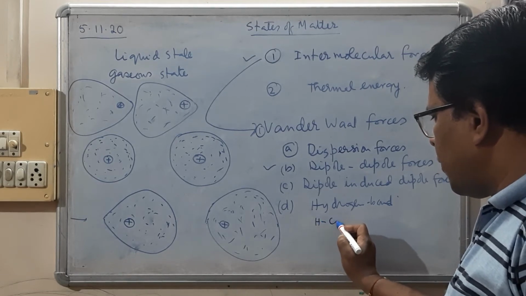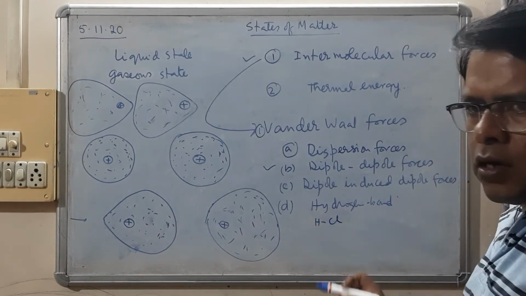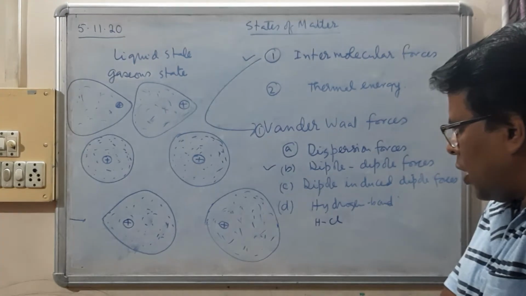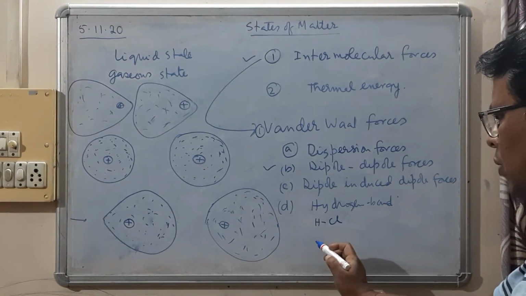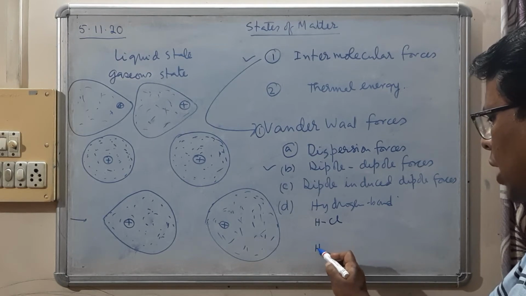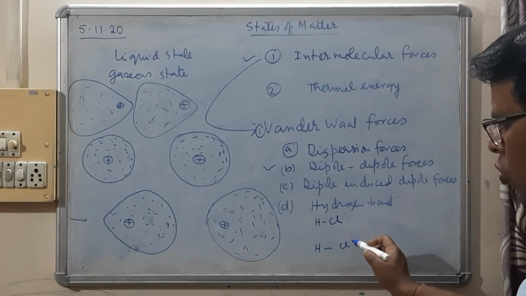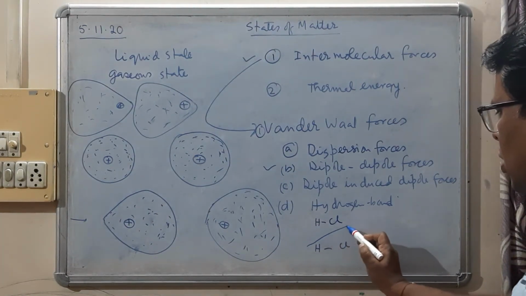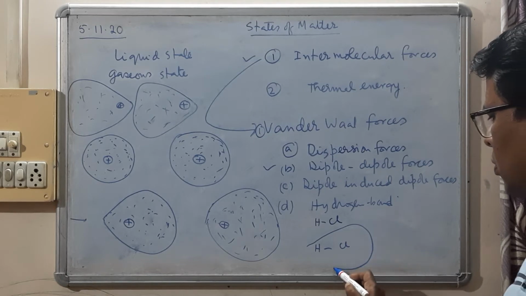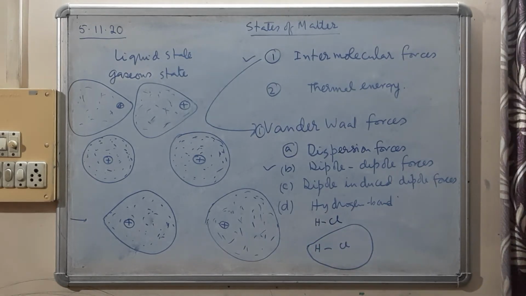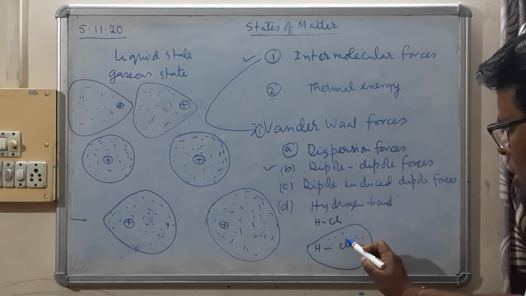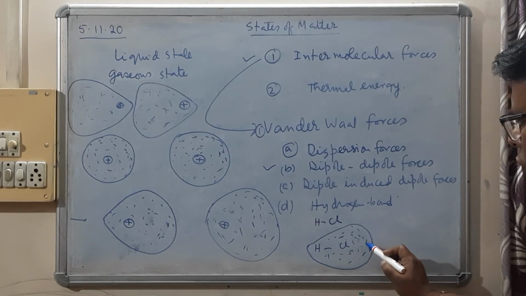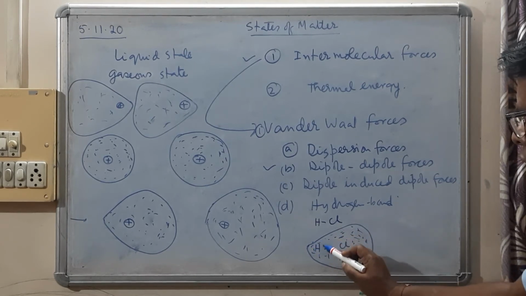In the HCl molecule, we know there is a covalent bond, and chlorine is more electronegative than H. So, since chlorine is more electronegative, there is more electron density over chlorine and less over hydrogen.